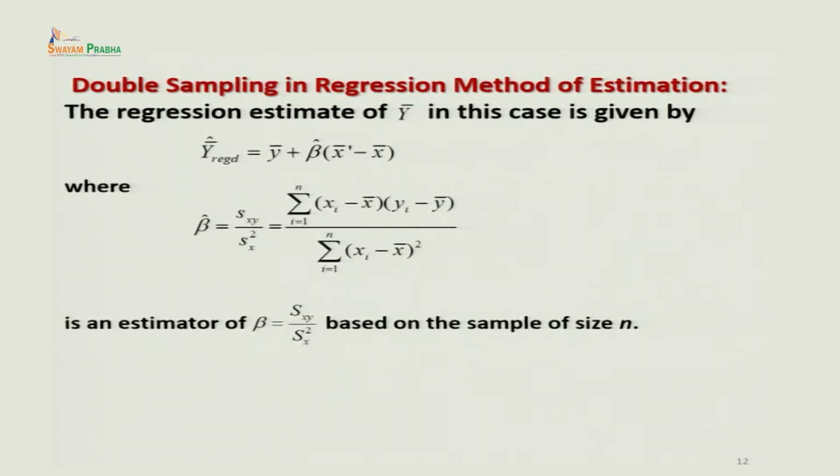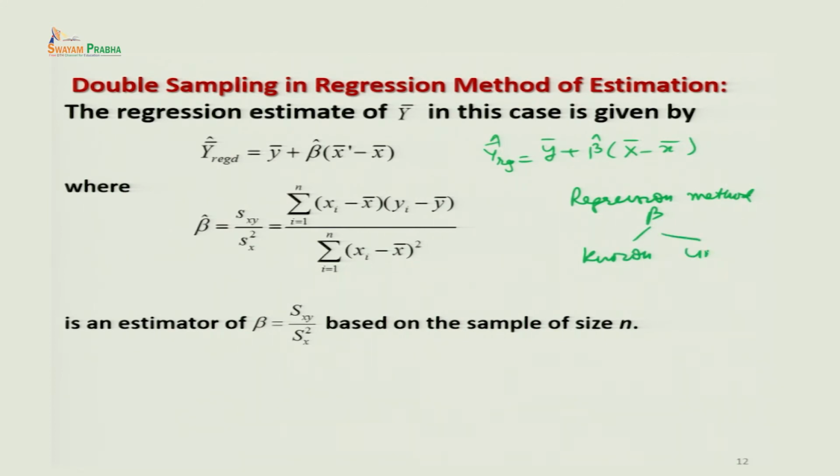Now, if you remember, your regression estimator was earlier given as Y bar hat reg equals Y bar plus beta hat times capital X bar minus small x bar. If you try to recall, when we did the regression method of estimation, we had considered two cases: one was beta known and the other was beta unknown.